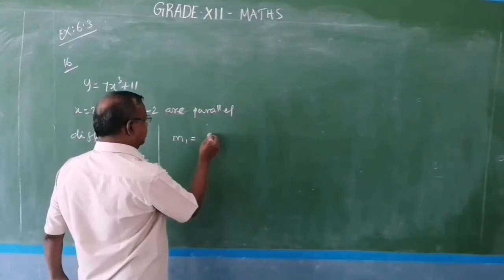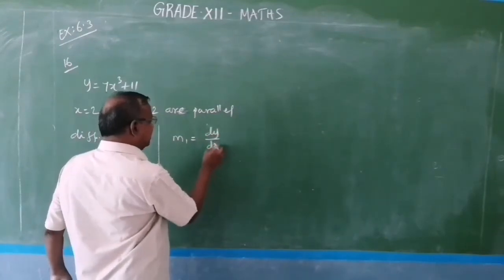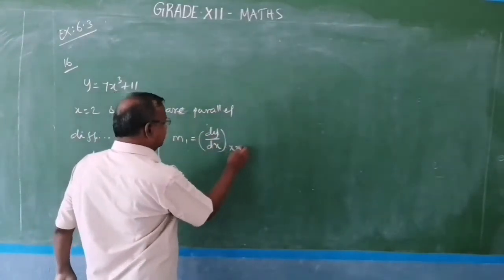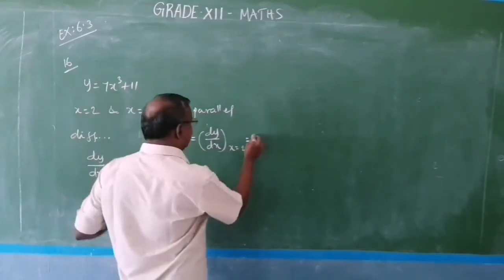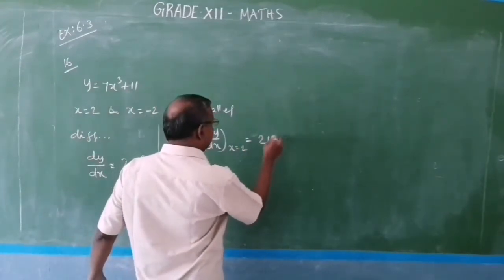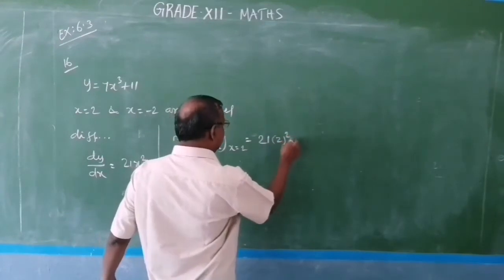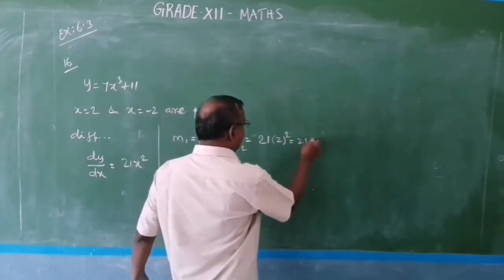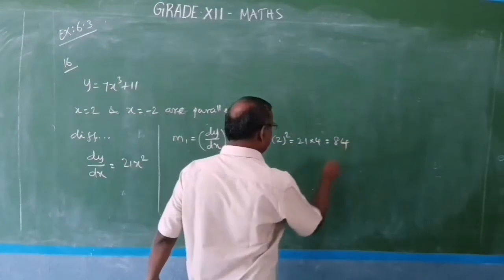Now let m1 be the slope at the first point, that is at x equal to 2. Therefore m1 equal to dy by dx at x equal to 2, which is 21 into x square, that is 2 square, so 21 into 4, equal to 84.